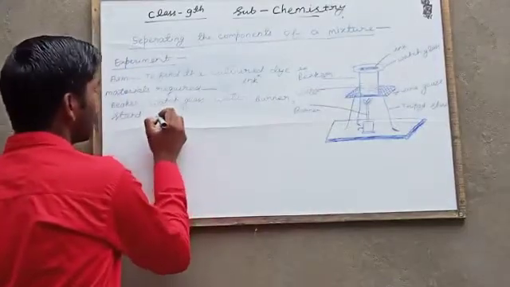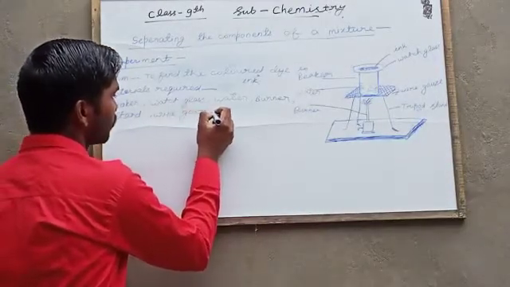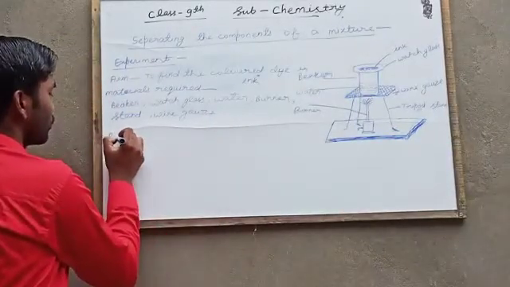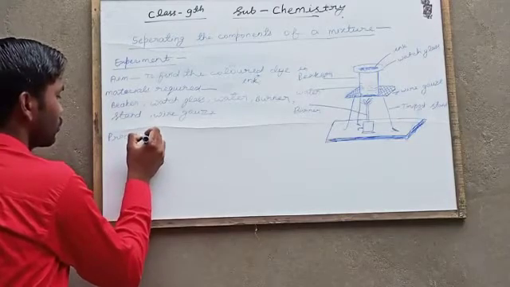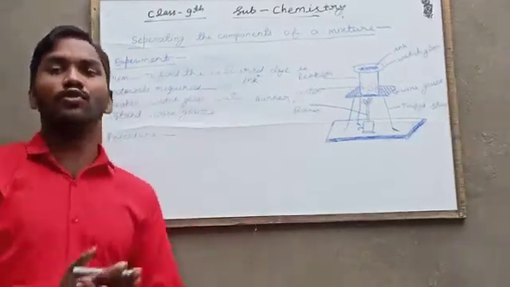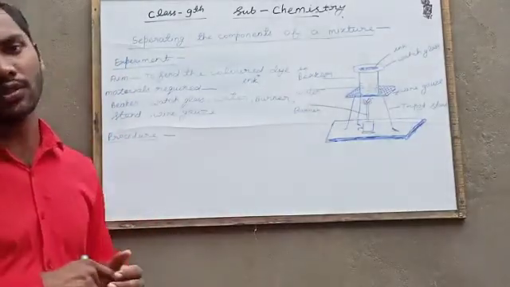This is a wire gauge. Procedure: how we will do this experiment, that is the procedure.